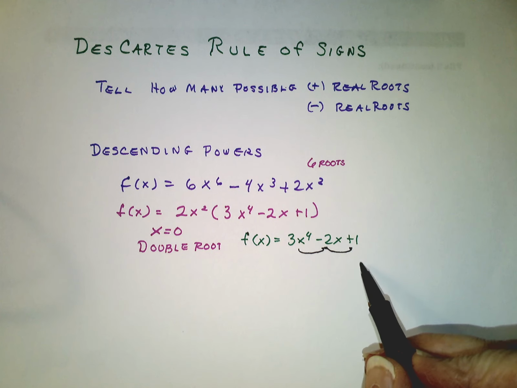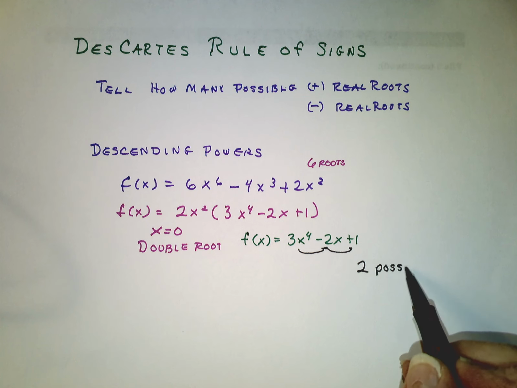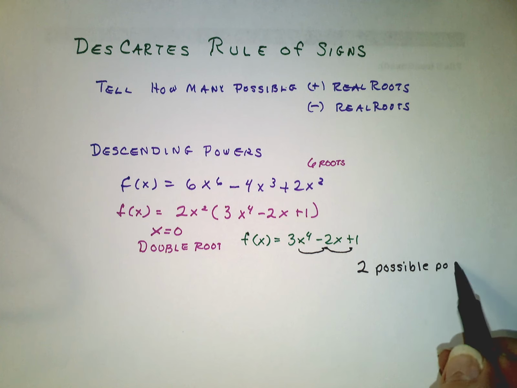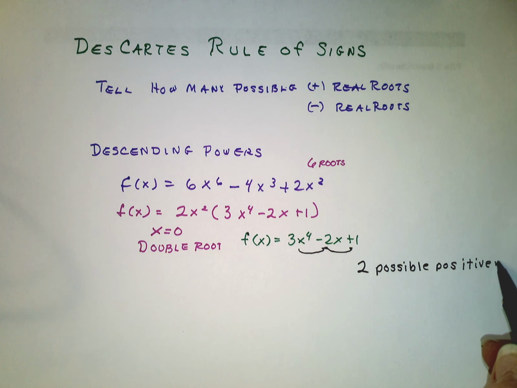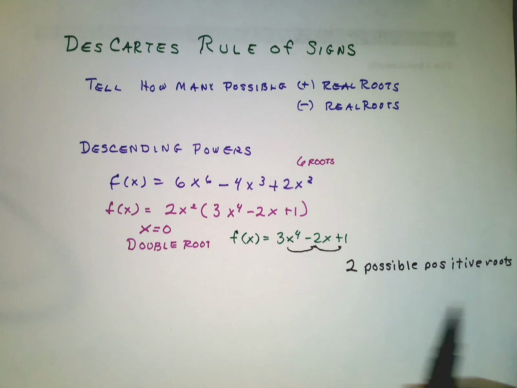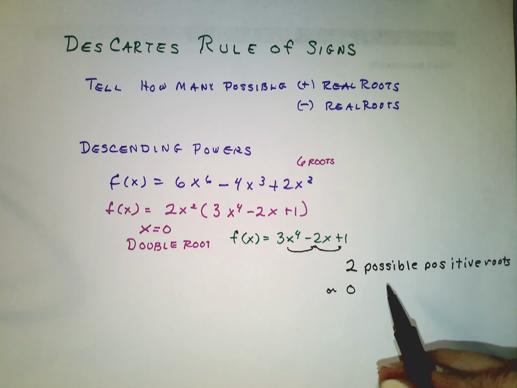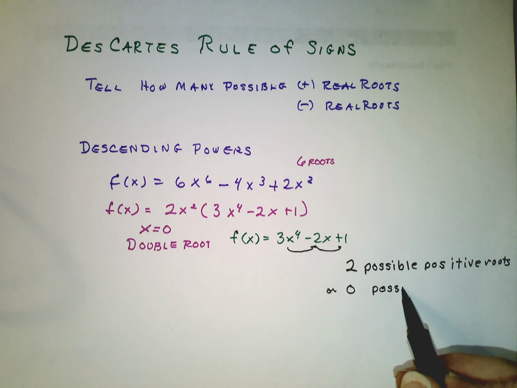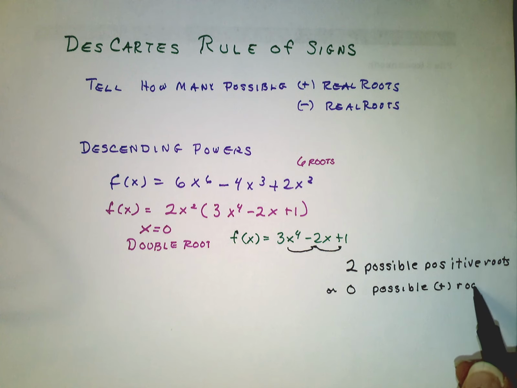So this would indicate there are 2 possible positive roots. Or, step it down by 2, there are 0 possible positive roots.